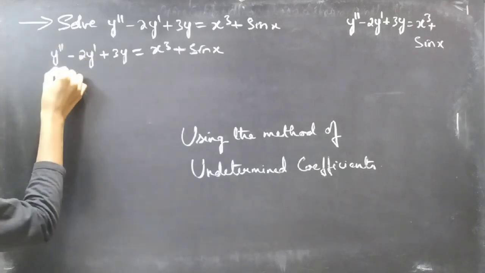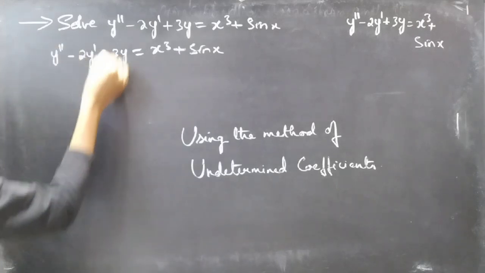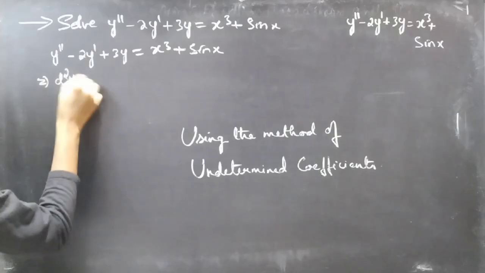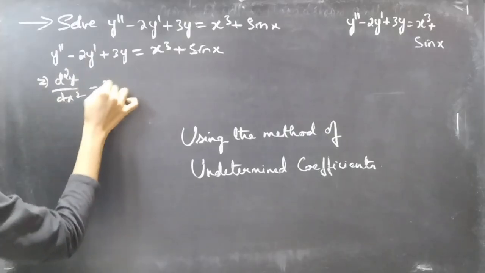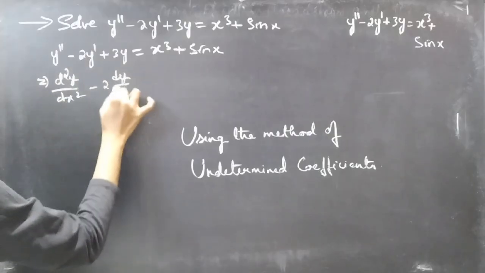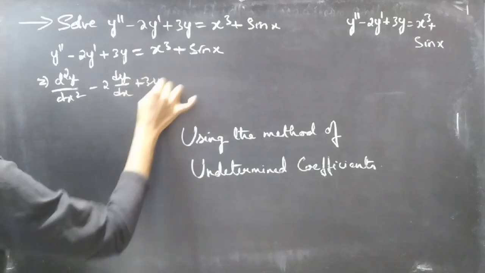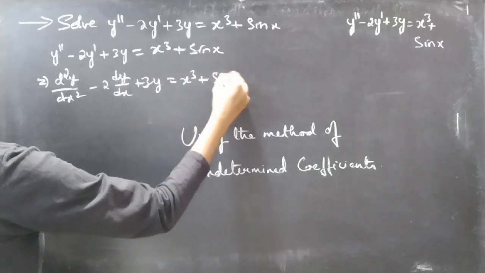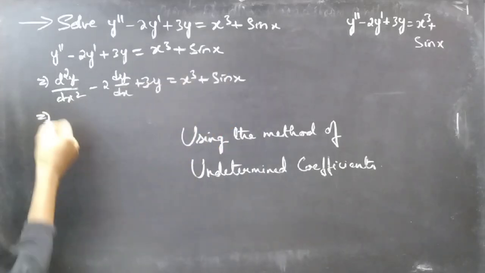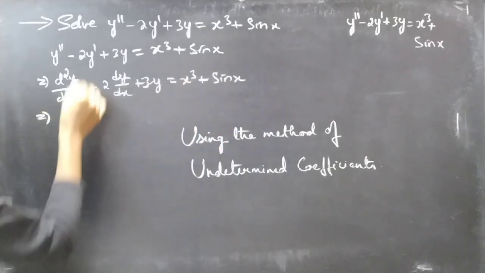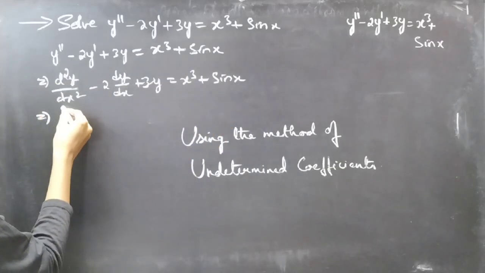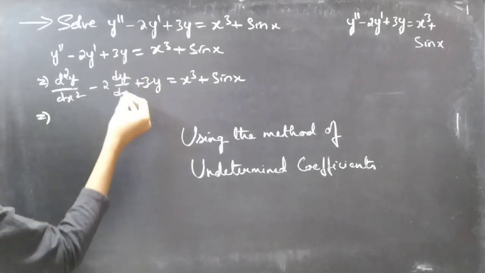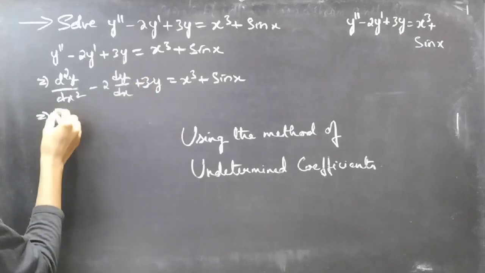We can write y double dash as d square y by dx square and y dash as dy by dx. So let's write it. We'll get d square y by dx square minus 2 dy by dx plus 3y. Now let's use the differential operator. You can write d square y by dx square as capital D square y and dy by dx as capital D y.